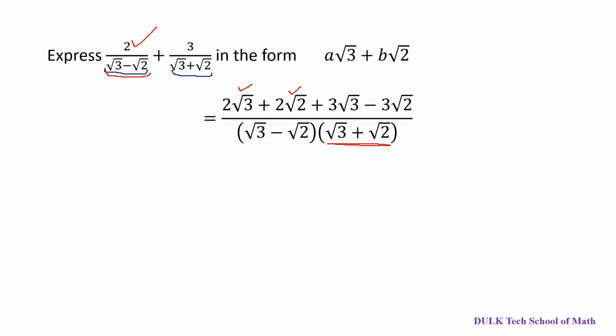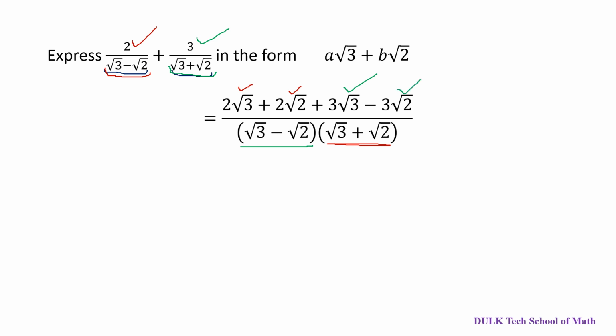The second fraction as well, the second denominator, root 3 plus root 2 into the common denominator will give us, sorry, root 3 minus root 2. And that root 3 minus root 2 will multiply this 3, the numerator of the second fraction. Right, so we'll get 3 root 3 minus 3 root 2.